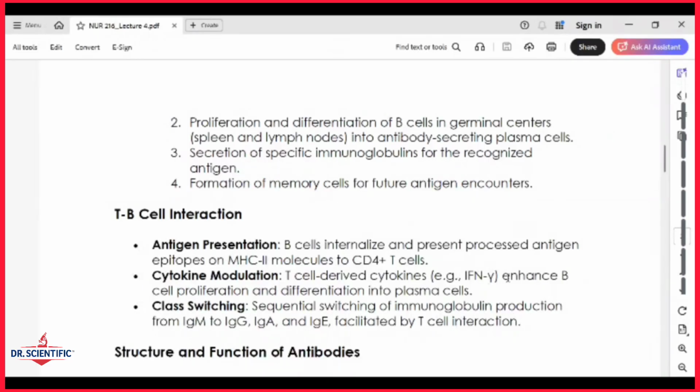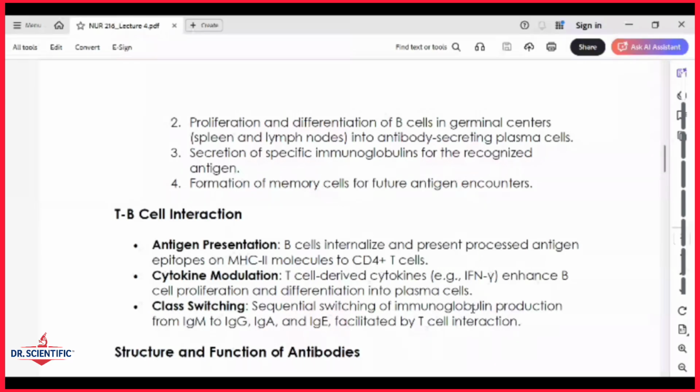The T cells start by producing interferon gamma initially to ensure that cell proliferation and differentiation occurs. Then later on, these T cells start generating interleukin 4 and interleukin 10. As much as they assist in cell proliferation and differentiation, they will also play a role in class switching.